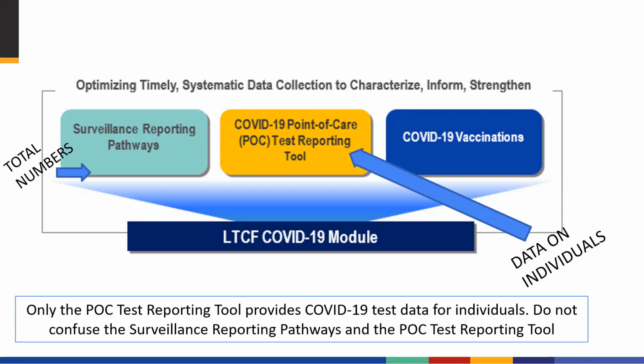Instead, that line level data, as it's called, is collected via the POC tool and can be used for contact tracing and other uses. If your state health department calls you and says they haven't received your POC data and you believe you've entered it into NHSN, make sure that you're not confusing the two reporting means.